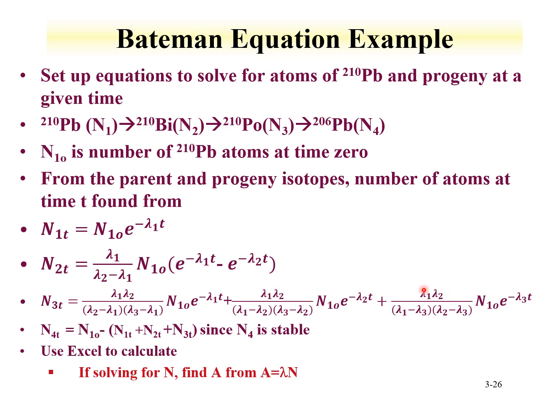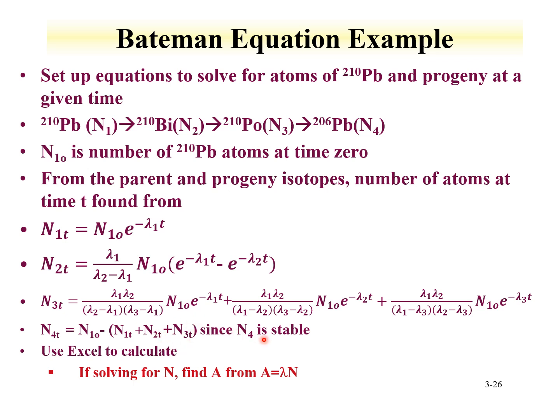For the lead-206, which is stable, we just take the amount of lead-206 from the difference of the initial amount of lead-210 atoms minus the amount of lead-210 atoms at time t plus the amount of bismuth-210 atoms at time t plus the amount of polonium-210 atoms at time t.